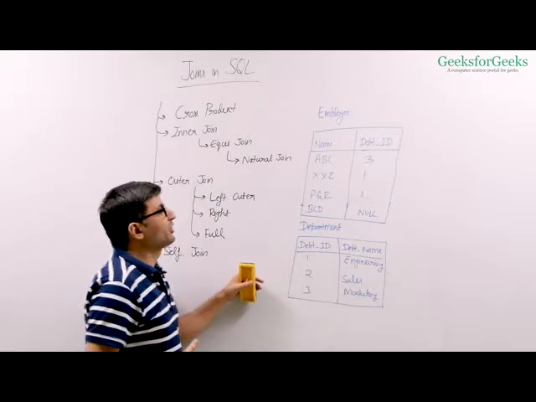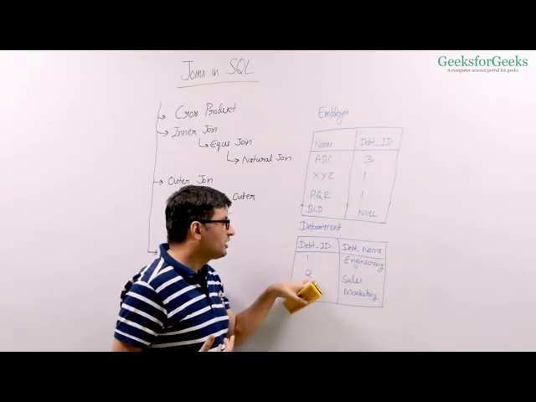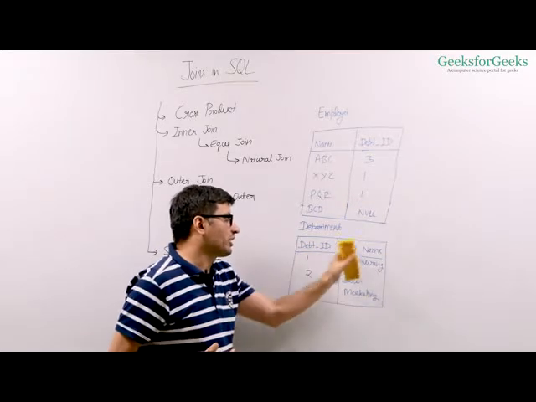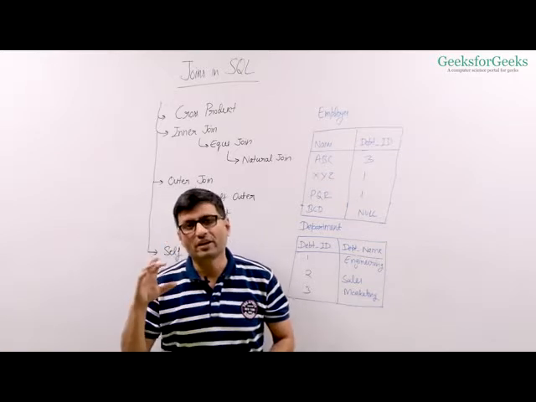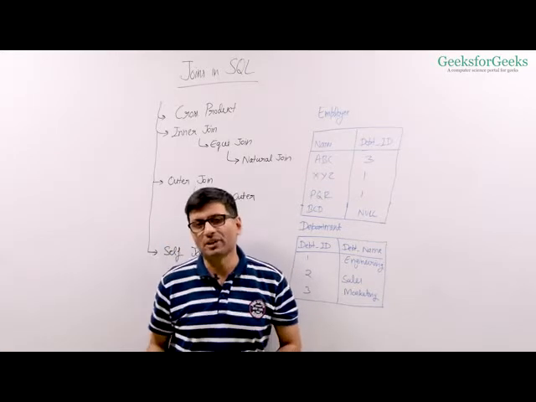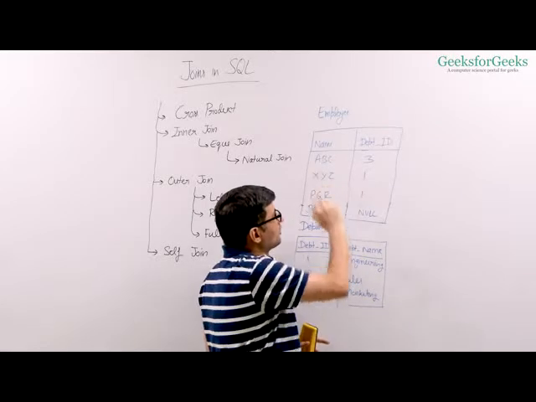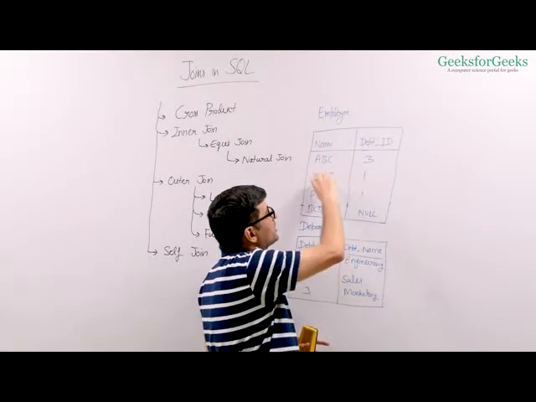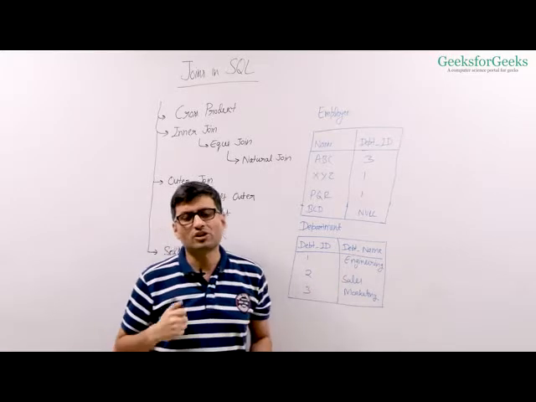If I ask you to give me the name of a given department ID, you just need to query this particular table. But if I ask you to give me employee names and their department names, then you need to join these two tables. You need to go through both the tables and find all the employees and their department names. For that, you need an operation called join.